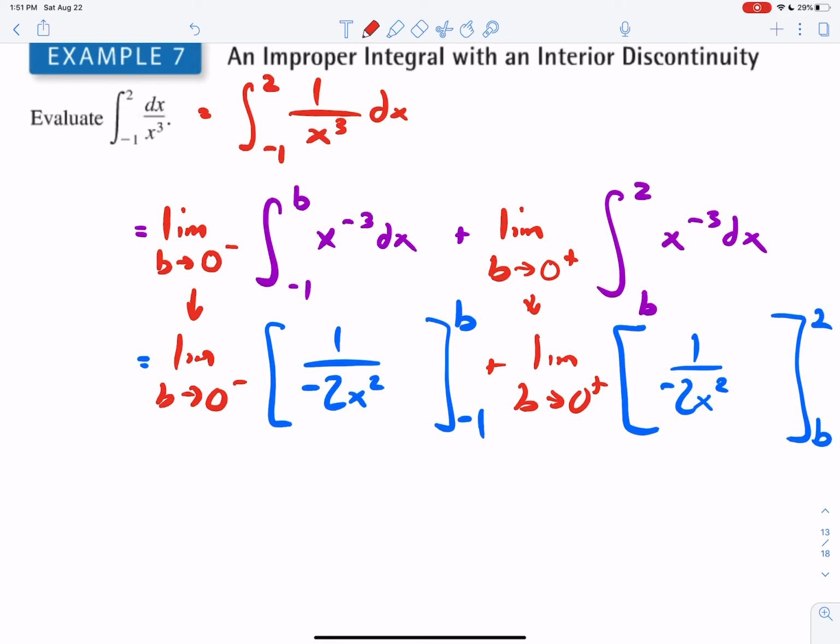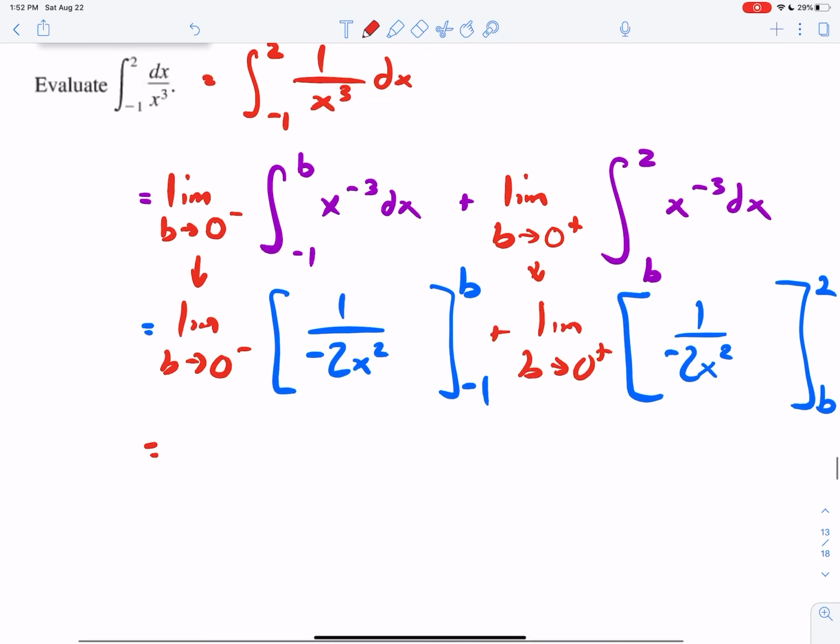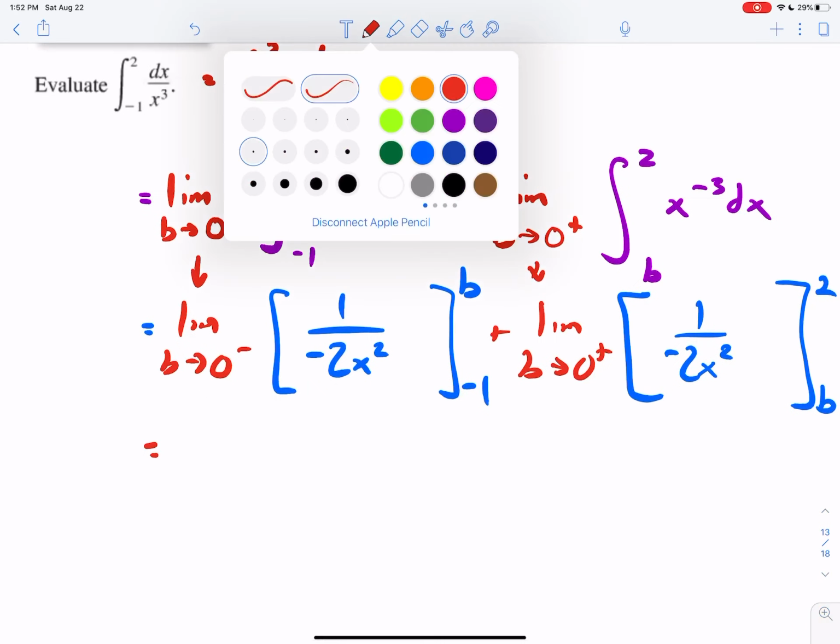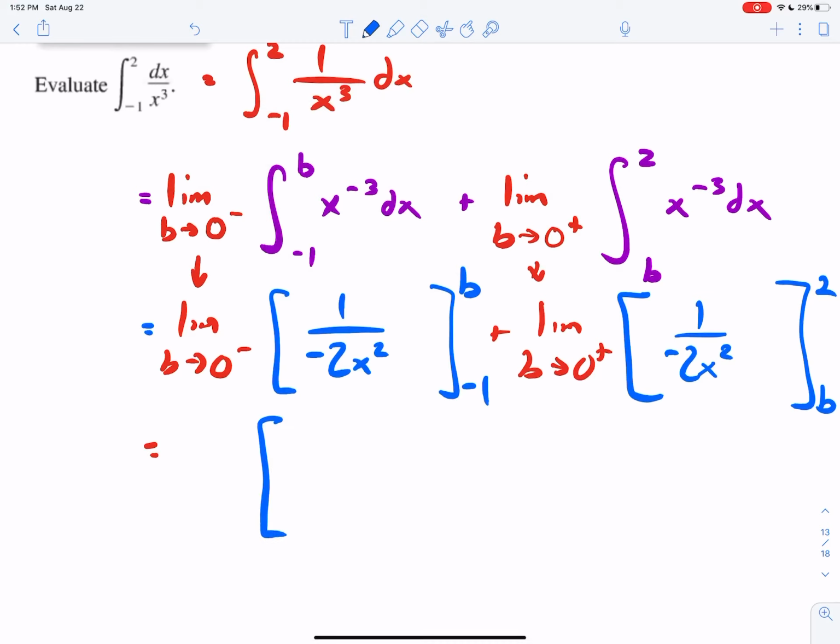Okay, so take a look. You have to get really close to 0 from the left here. All right? But take a look here. When you plug in your upper and your lower, you should get negative 1 over 2b squared minus negative 1 over negative 2 times negative 1 squared.